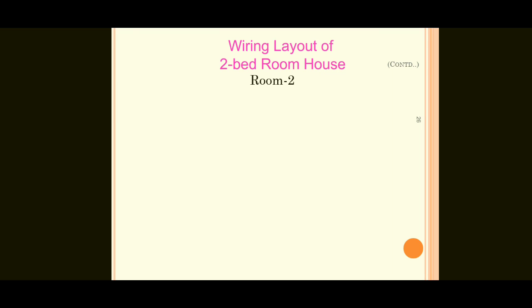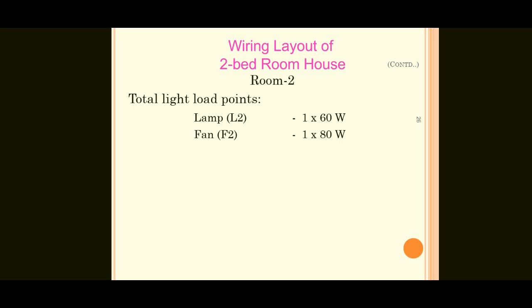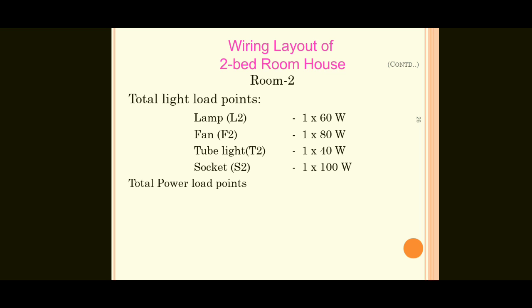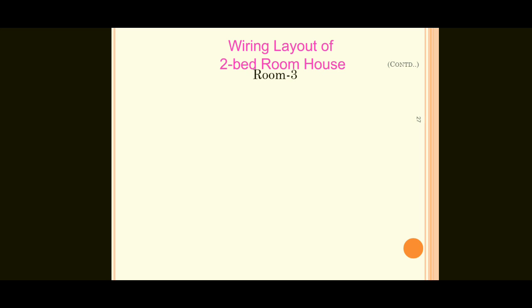Similarly, room 2, total light load points: lamp L2 60 watts, fan 80 watts, tube light 40 watts, socket 100 watts. Total power load points 1000 watts.